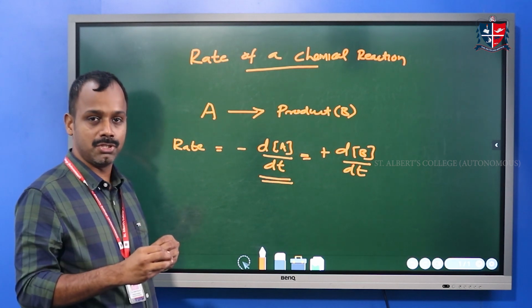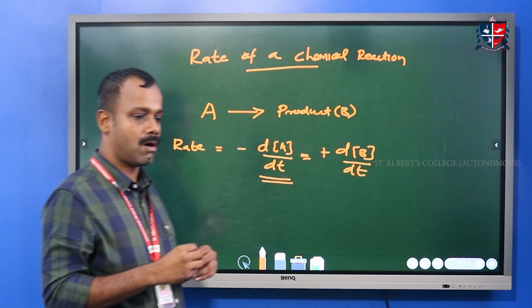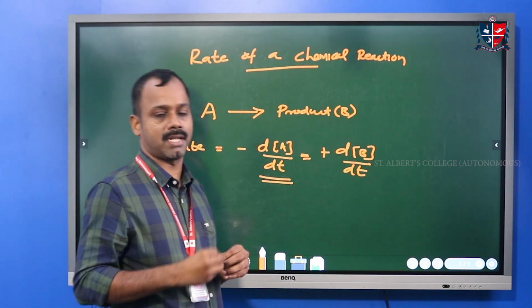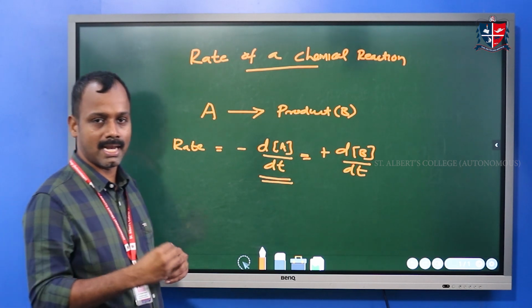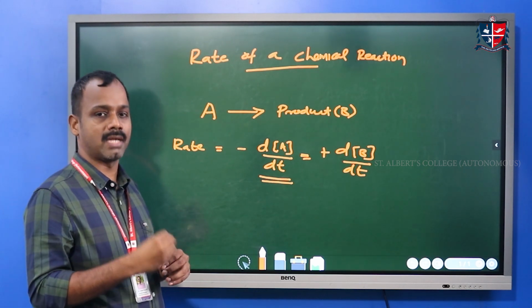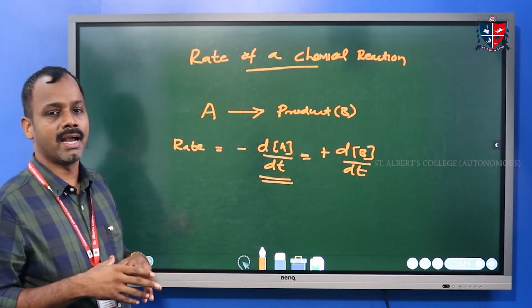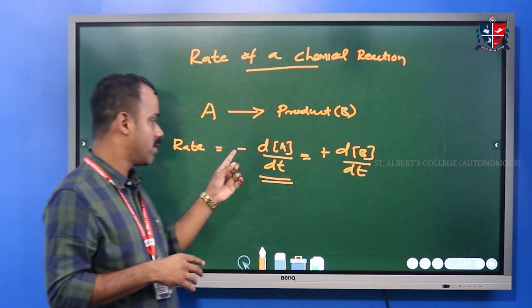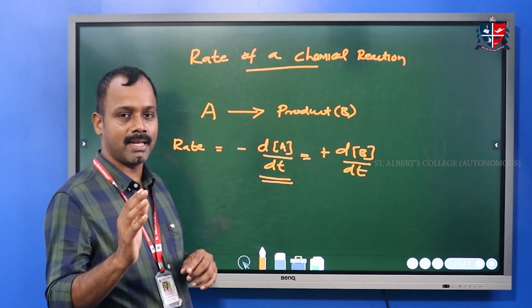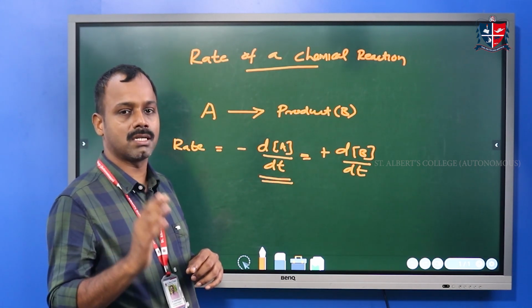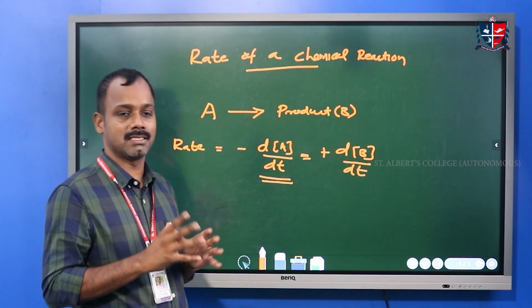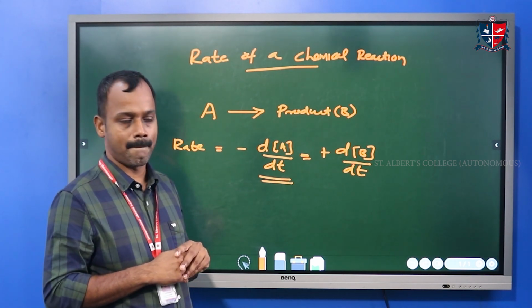The change in concentration of reactant or product with respect to time is called the rate of a chemical reaction. Here we put a negative sign; it indicates that it is a reactant, as the concentration of reactant decreases with respect to time.